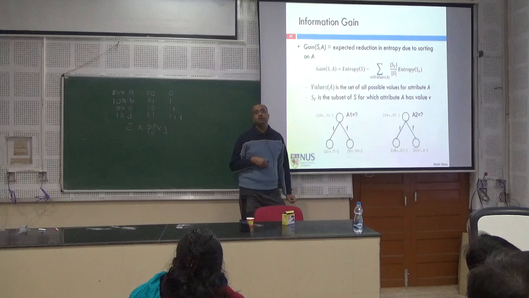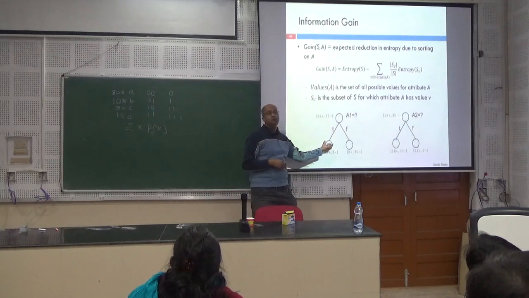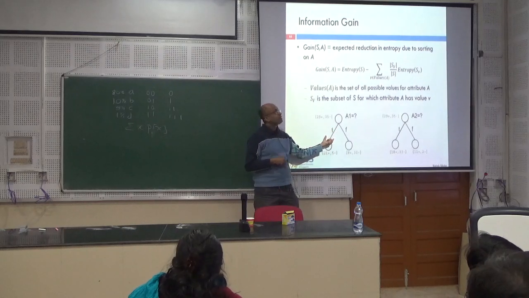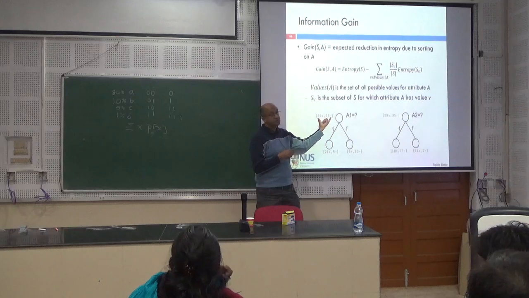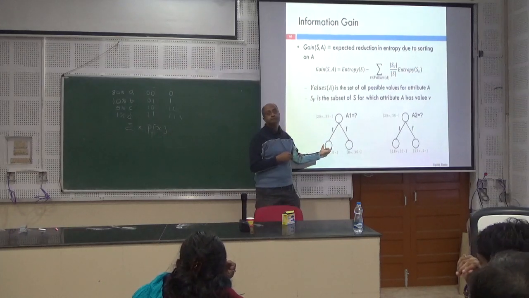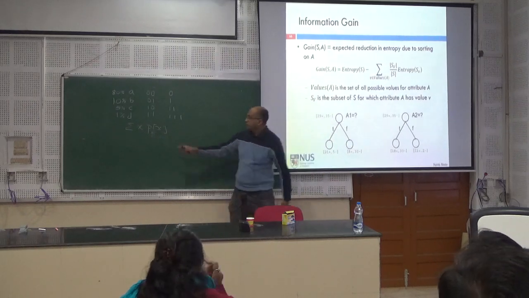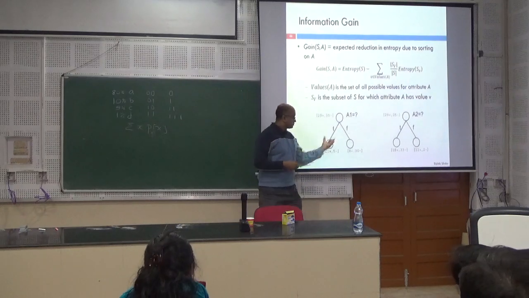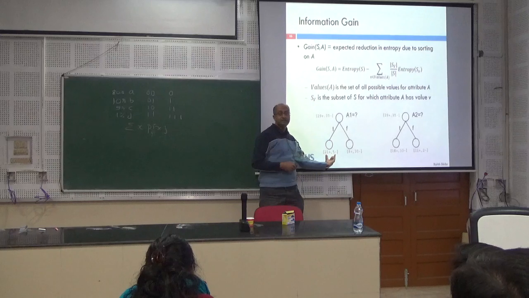But then you also have to weight it. By what? How many samples are actually going this way? That's this part. Of the total number of samples, which is 64, how many samples are on the true side? This is the fraction of samples coming here. These guys, 21 plus 5 is 26.